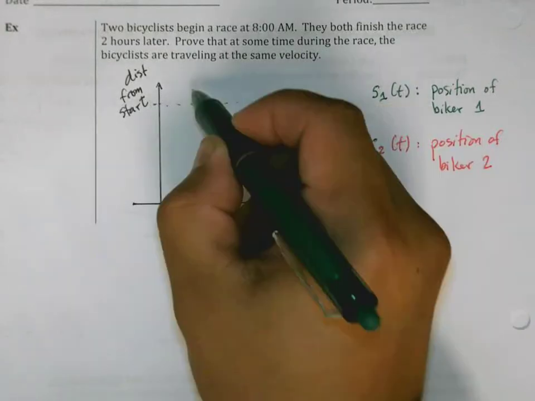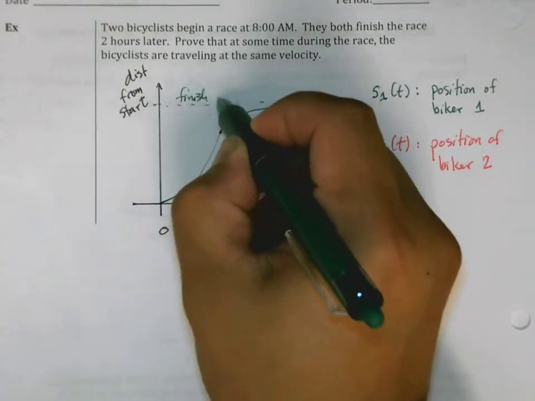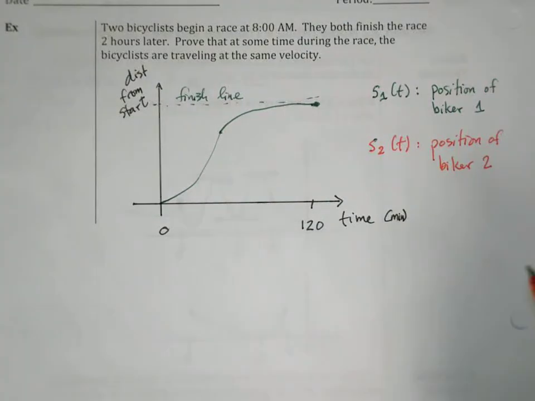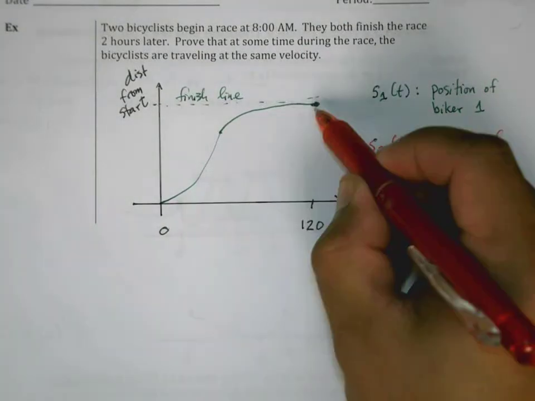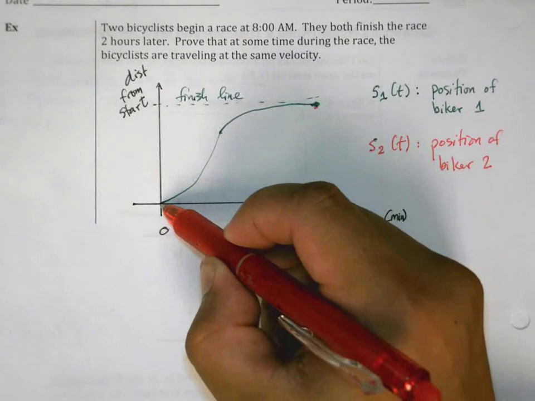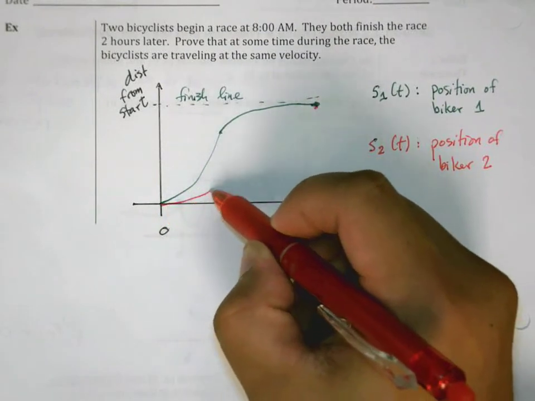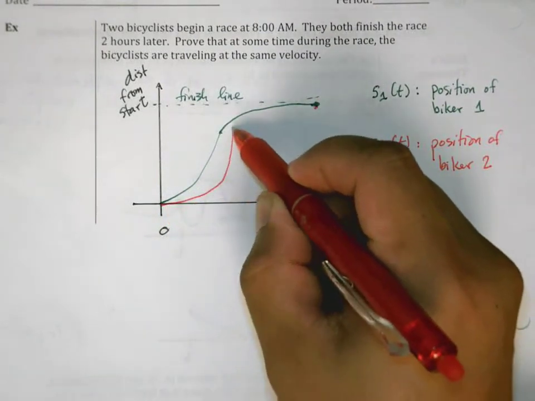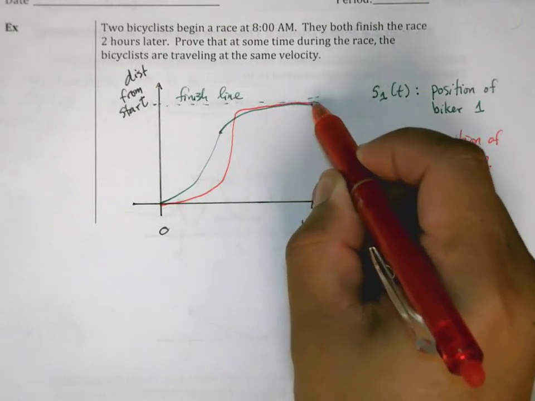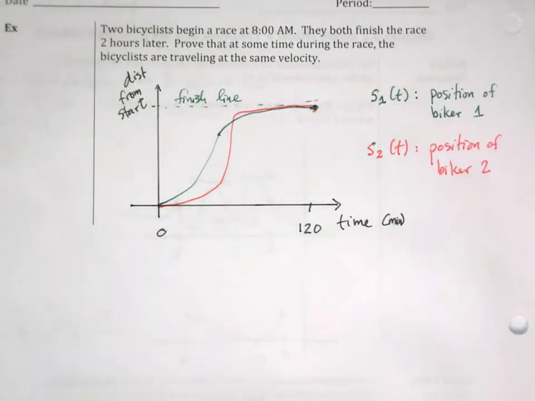Now, biker 2, what do we know about him? Well, we know that at 120 minutes he ends up at the same spot, but he can do some other things. Maybe he starts out very slow, gets fast, and then levels off a little bit, and then reaches that point. I don't know exactly how these guys travel.